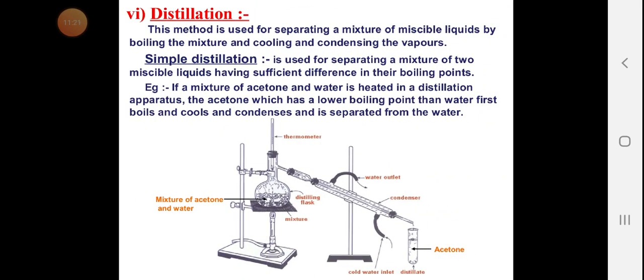Now let's talk about distillation. Now you know the basic principle behind distillation. In distillation you heat the water and it is converted into water vapor. This water vapor passes through the condenser, which has cooled water running around it. The water vapor condenses back to pure water, and this is the process by which we prepare distilled water, which is widely used for the preparation of chemicals and laboratory cleaning.